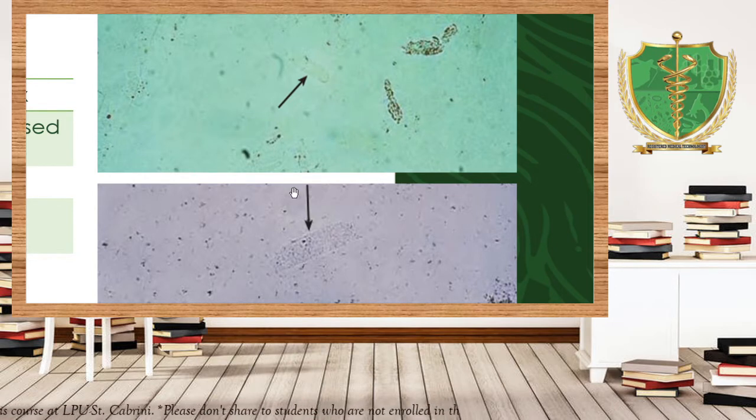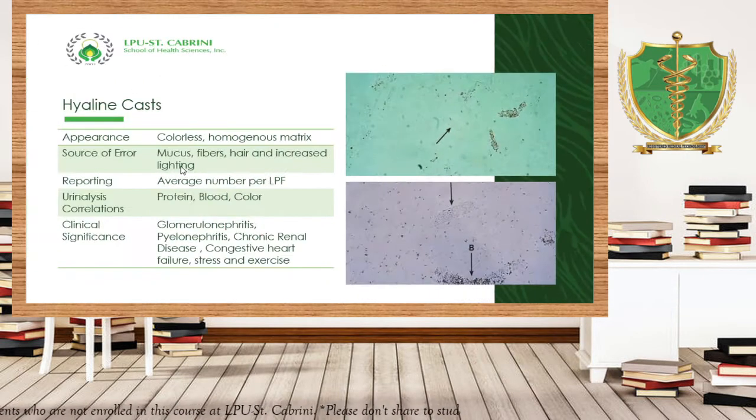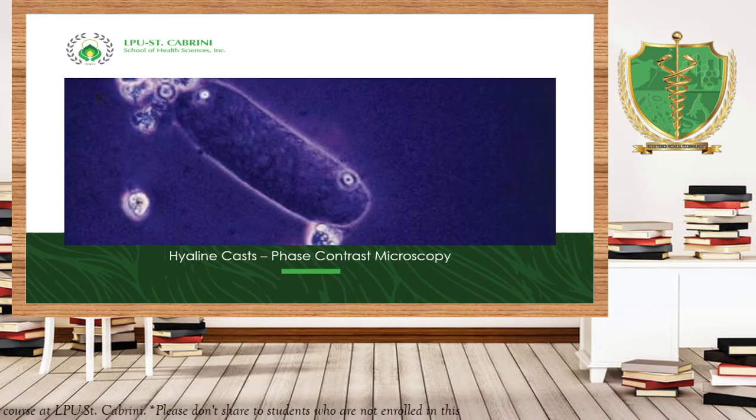Hyaline cast is correlated or clinically significant with pyelonephritis, chronic renal disease, congestive heart failure, stress, and exercise. Now, stress and exercise is just physiologic stress. Okay, so this is our hyaline cast on phase contrast microscopy.